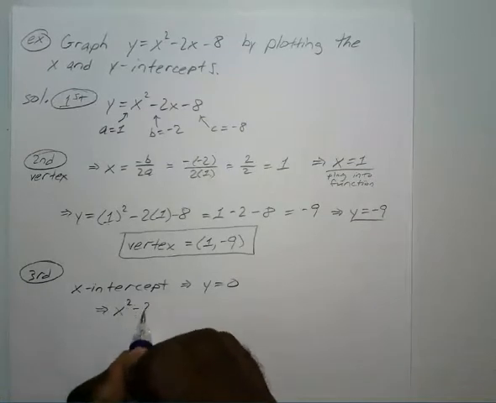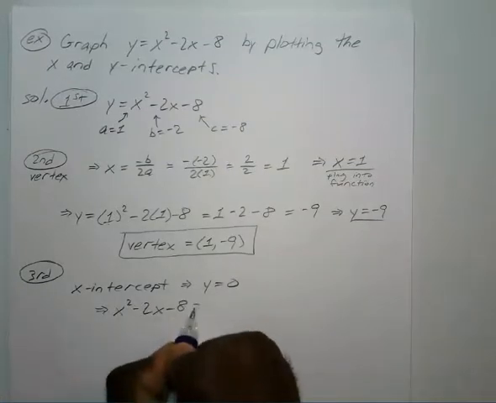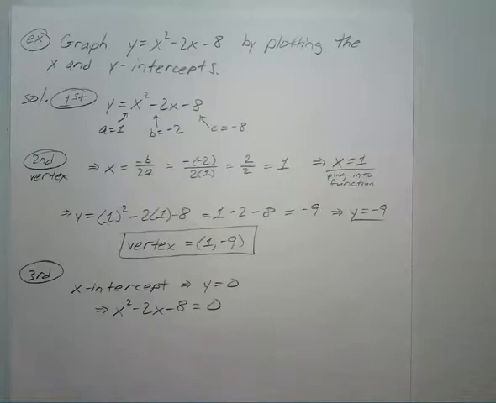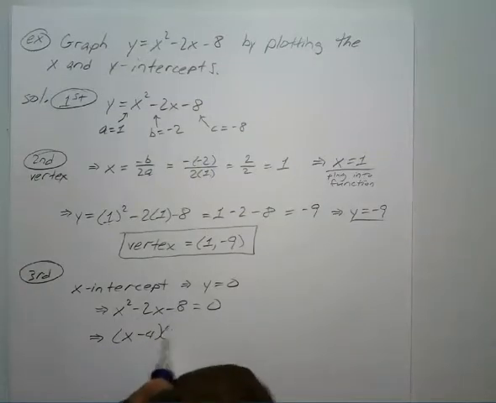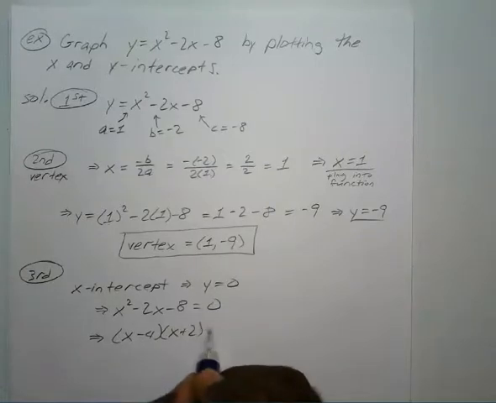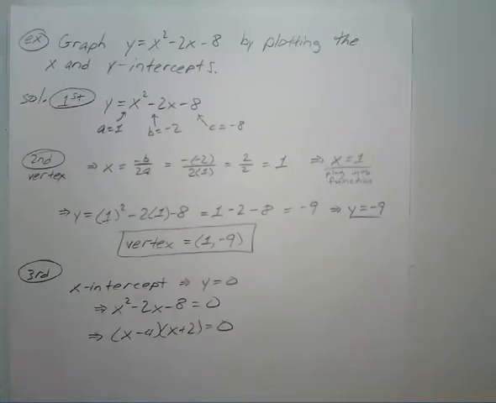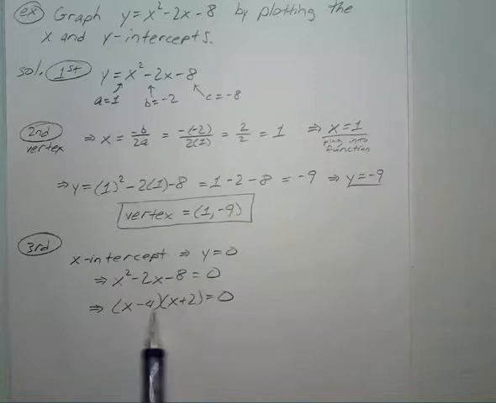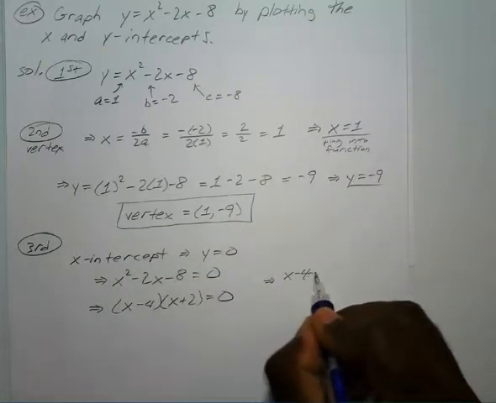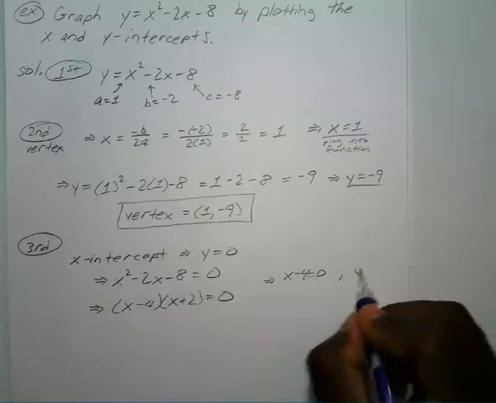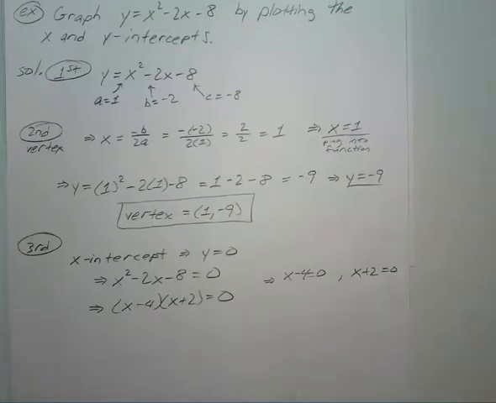So x squared minus 2x minus 8 equals 0. Alright, so now we know that this can be factored into x minus 4 times x plus 2 equals 0. Okay, so if we set both of those to 0, we have x minus 4 equals 0 and x plus 2 equals 0.